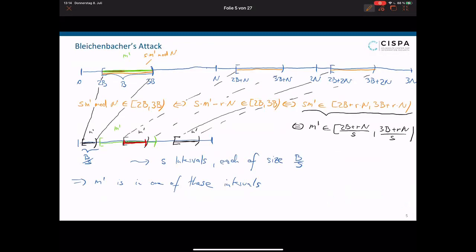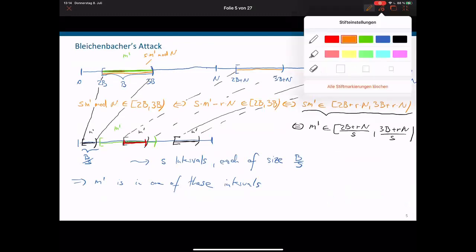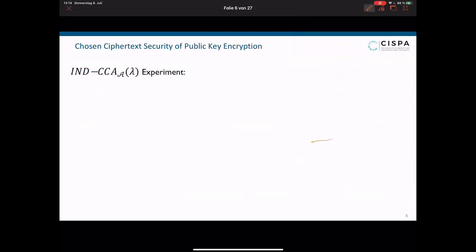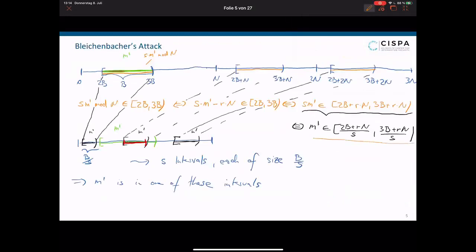The reason is we have S times M. Just look at these intervals here. The information we get is that M prime is in one of these scaled down intervals, because we have S times M prime, we don't have S times N, right? S times N doesn't occur anywhere, it's just this S times M prime. So that's the reason only these orange intervals are scaled down.